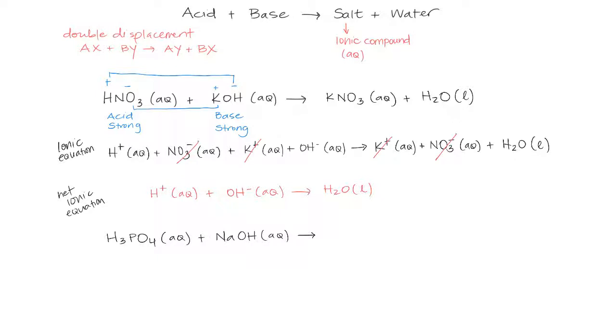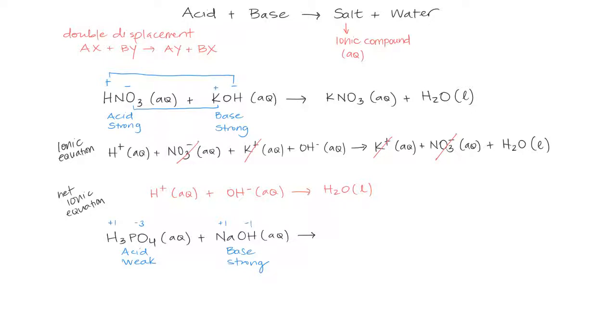Okay, let's look at the reaction of phosphoric acid with sodium hydroxide. So phosphoric acid is a weak acid, and sodium hydroxide is a strong base. Hydrogen is +1, phosphate is -3, sodium is +1, and hydroxide is -1.